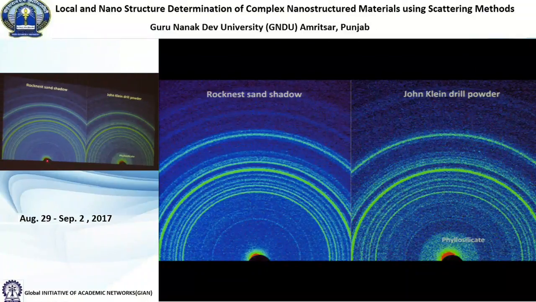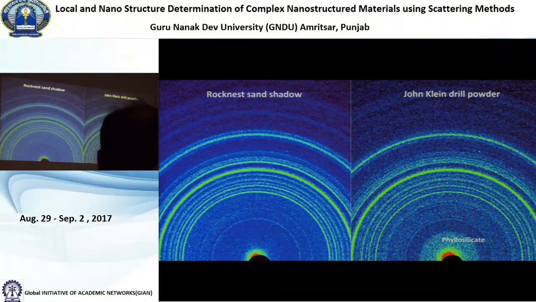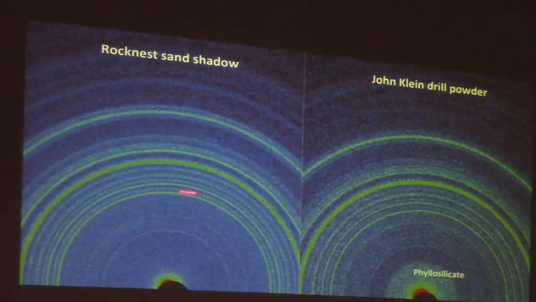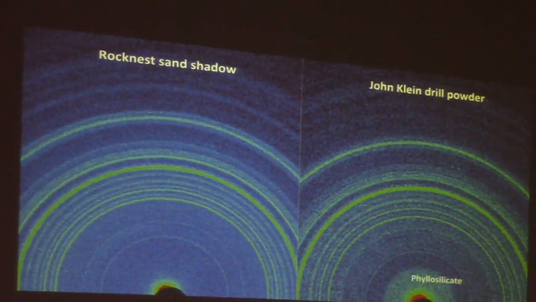We'll move out to some value of 2 theta, and then we'll integrate all the intensity around the ring at that constant 2 theta. And then we'll move to another value of 2 theta, and we'll integrate all around the ring at that value of 2 theta, and we move out, and we get a continuous one-dimensional diffraction pattern where we've integrated these rings all the way around. So that's the first step.